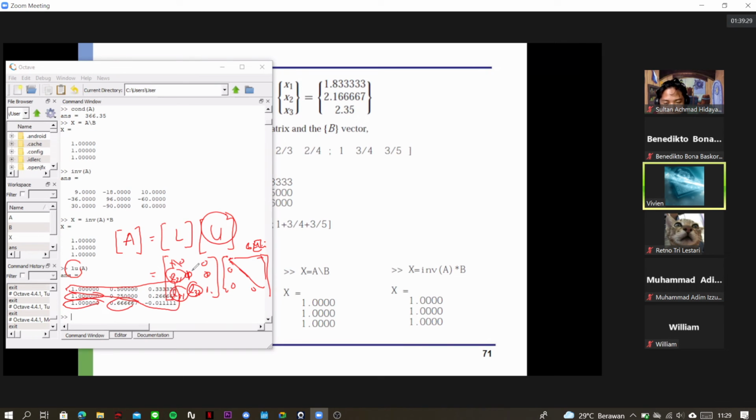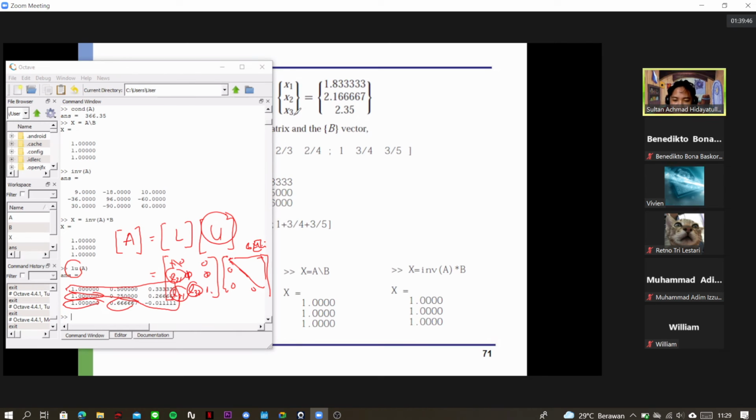Okay. So this is basically finding the matrix L and U for LU decomposition, if we want to find the decomposition of a matrix A. This is just an example.